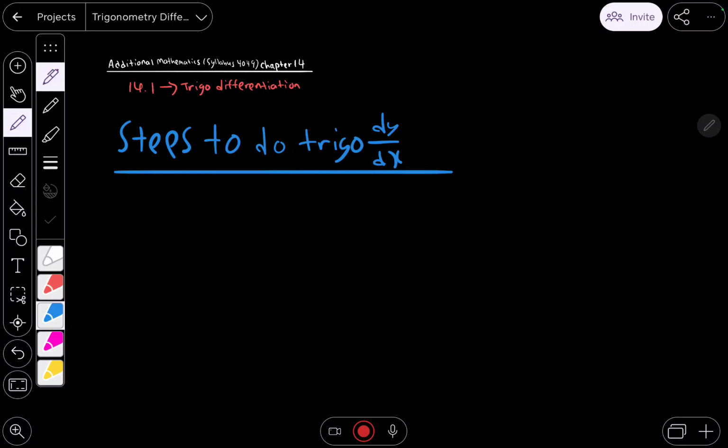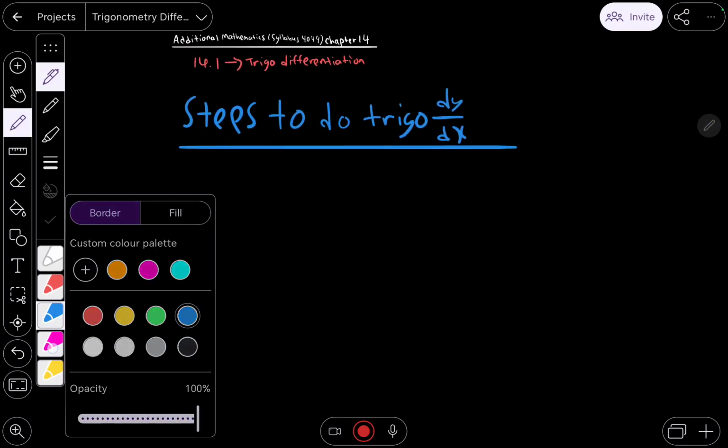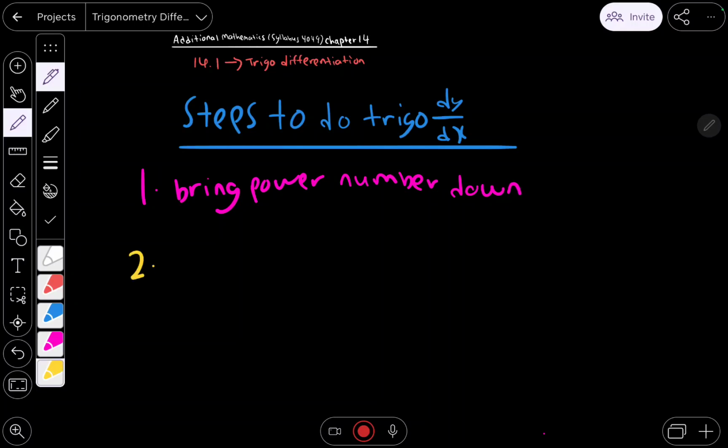Okay? So the steps to do trigo differentiation. There are a total of 4 steps. And this is basic trigo differentiation, as I emphasize again. Firstly is to bring power number down. And then the next step will be power number minus 1.